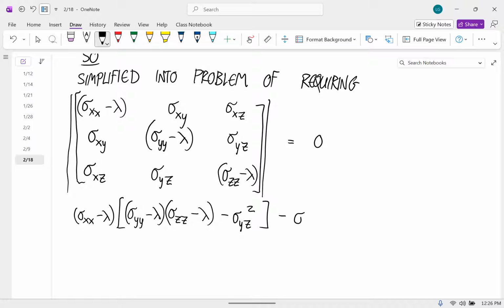And then minus sigma xy times sigma xy times the quantity sigma zz minus lambda, minus sigma xz times sigma yz.